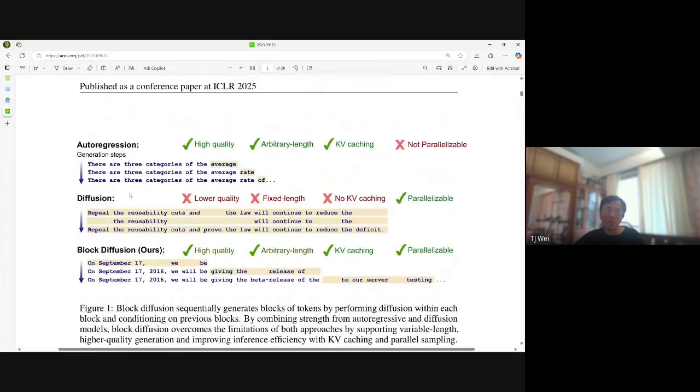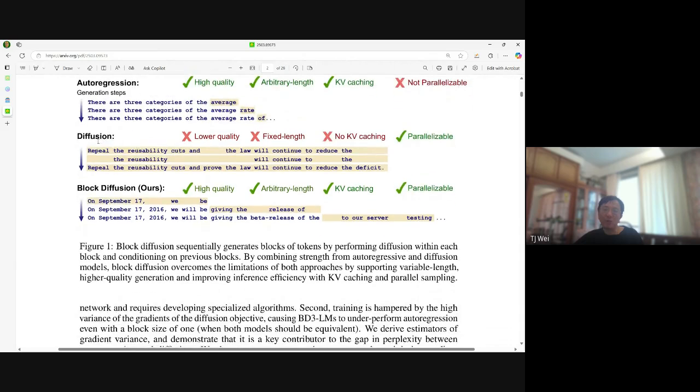If we use autoregression directly, it is high quality, like the GPT models. Although we haven't introduced the transformer yet, it has high quality, arbitrary length, and a key-value cache. But it doesn't have the benefit of parallelized generation.